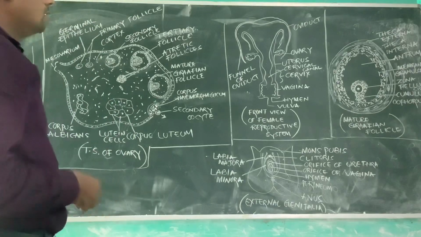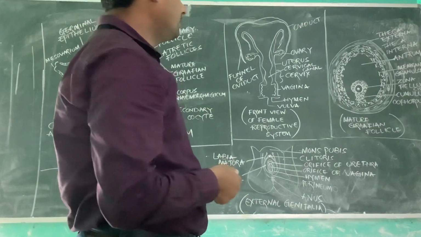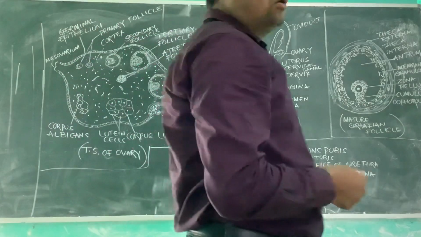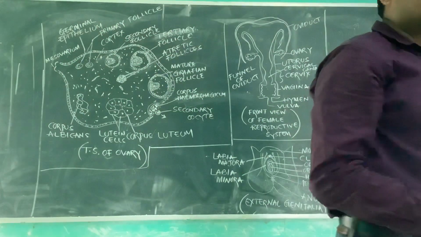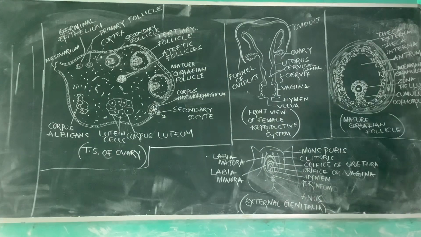First, we discuss the ovaries. We know that ovaries are two in number and almond in shape. Each ovary measures about 1.5 to 3 cm in length and weighs about 4 grams.